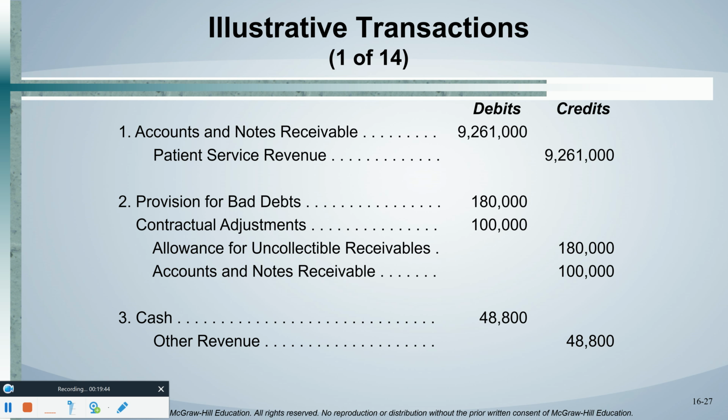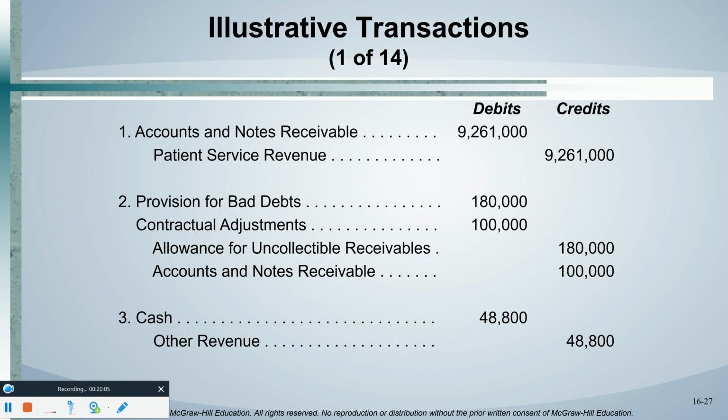Okay, first, the hospital sees patients, and we're just going to record the gross amount, and that's journal entry 1. Debit the receivable, credit revenue. After we record everything at gross, we take a look back and decide that out of that amount there's a few items.